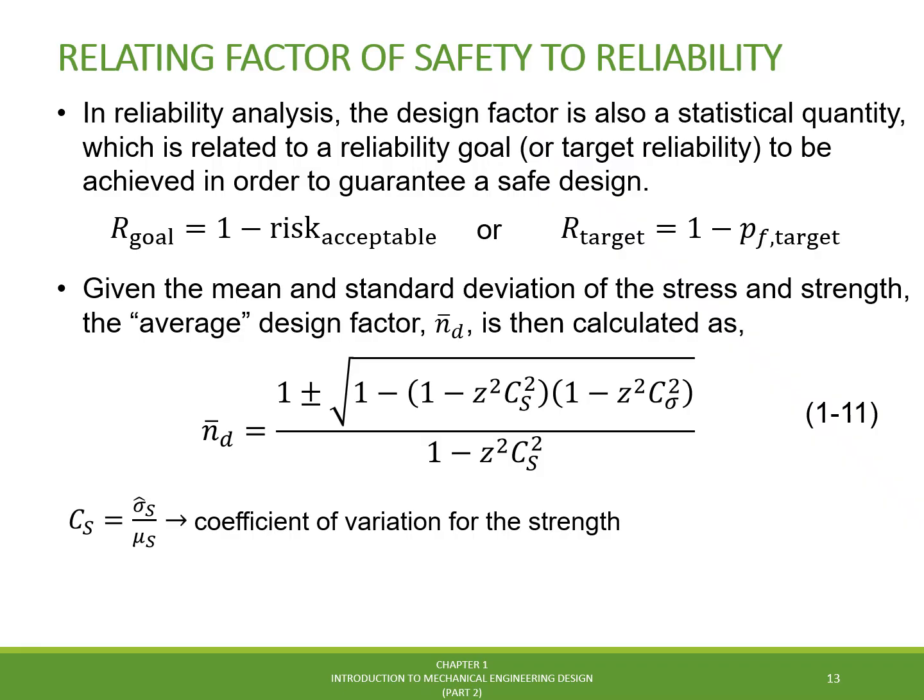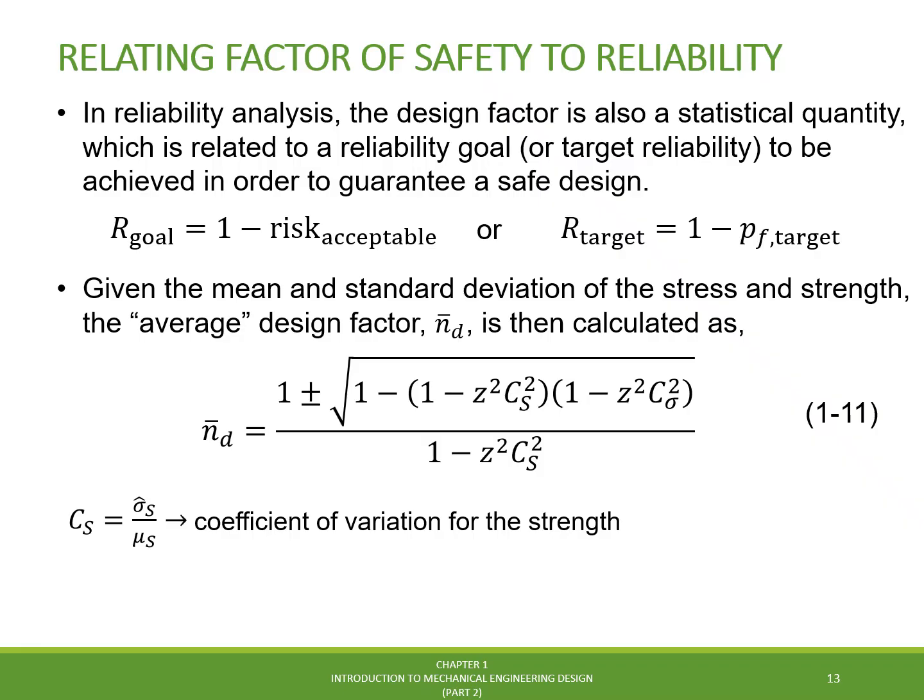In order to use this equation, I need to have the statistical information about both the applied stress and the strength. And they are given by this parameter C, which is the coefficient of variation.